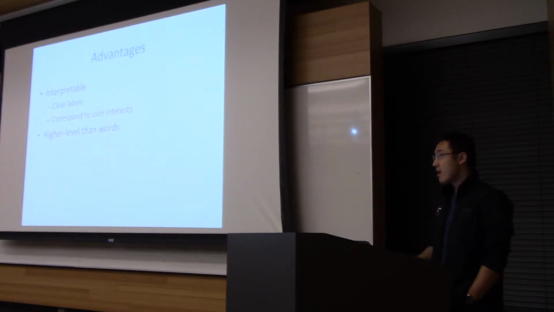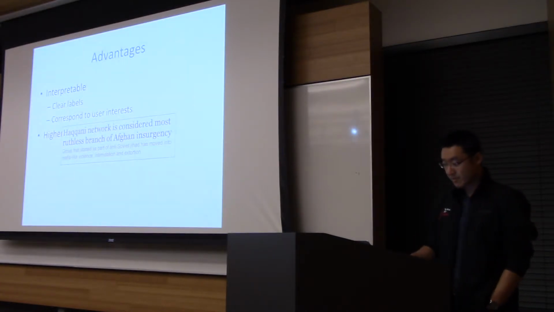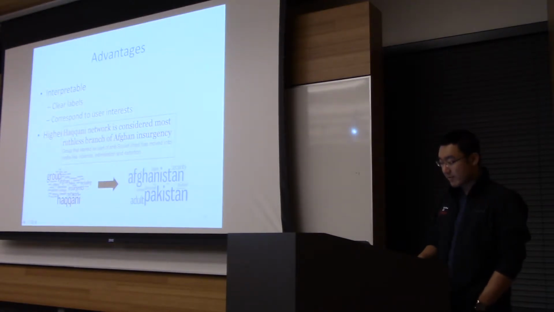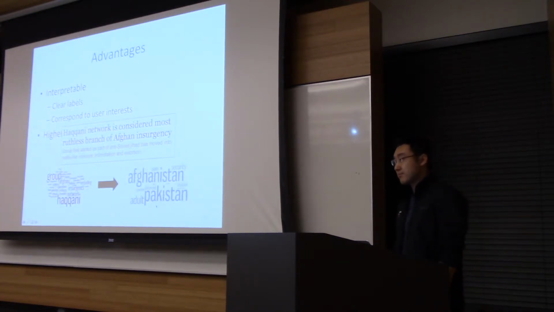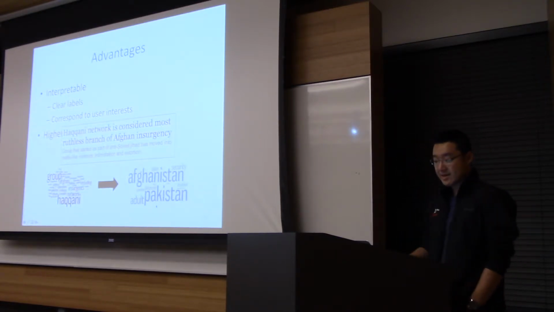It's a higher level representation of words. If this is the raw bag of words representation for this article, we compress this article into badge space and then reconstruct from badge space, we get this bag of words representation. And that's the idea.